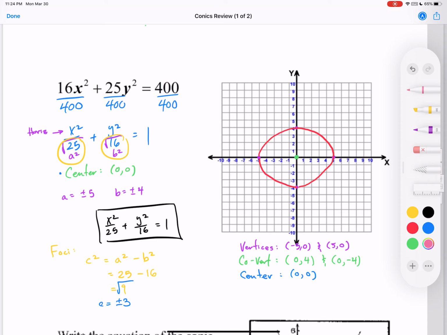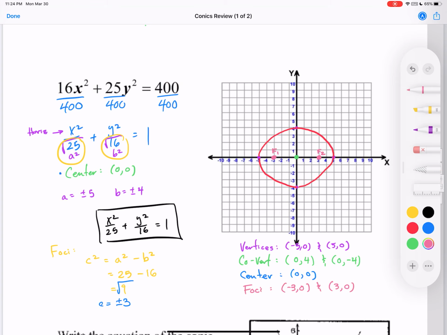So I'm going to go plus or minus 3 to the right and to the left, and these are my two focal points. So there's my F1 and my F2. So the foci will be located at negative 3, 0, and at 3, 0.